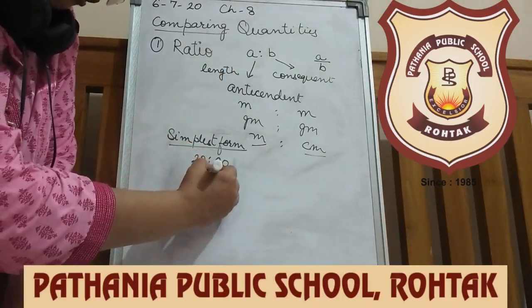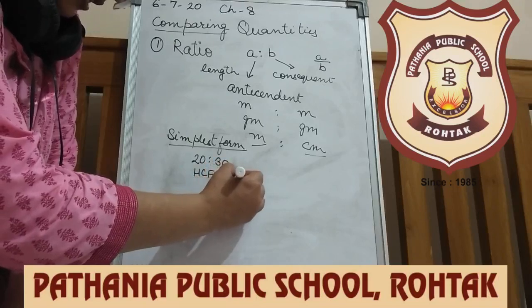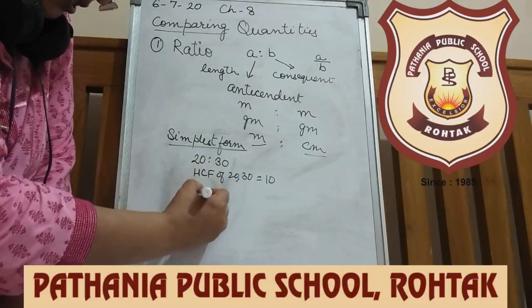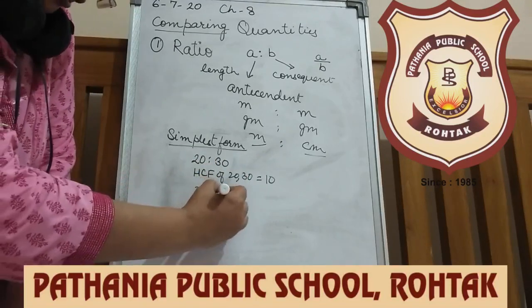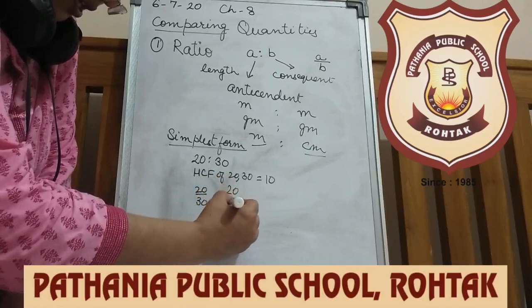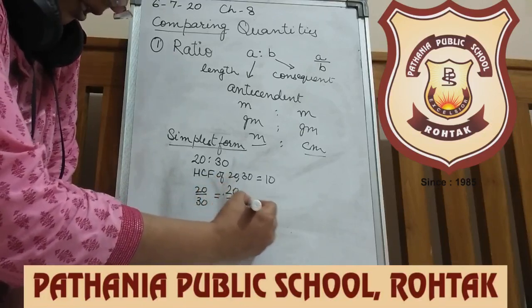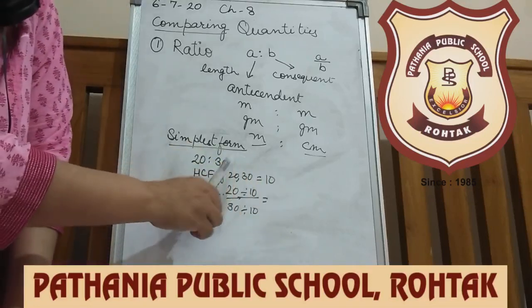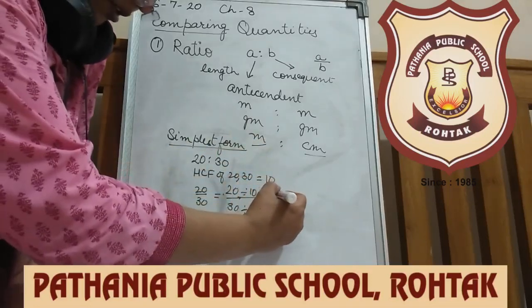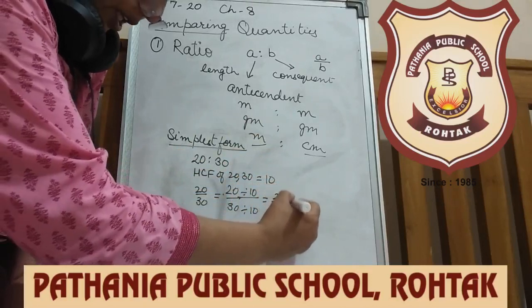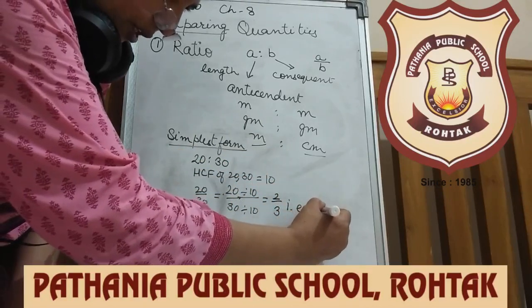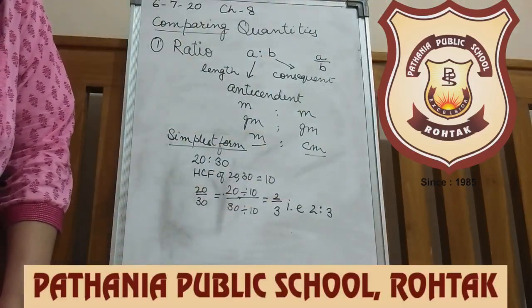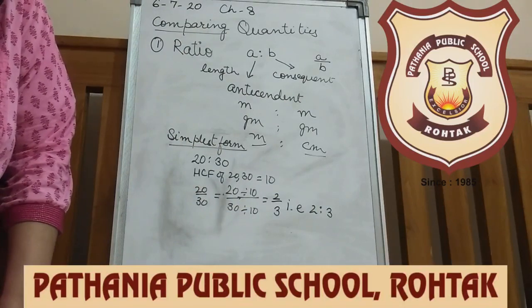The HCF of 20 and 30 is going to be 10. So first write 20 upon 30. Divide it with HCF, both the antecedent and consequent. You get 2 upon 3, that is 2 is to 3. So this is your simplest form.